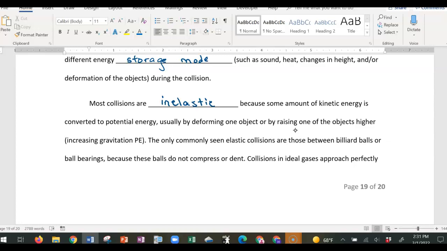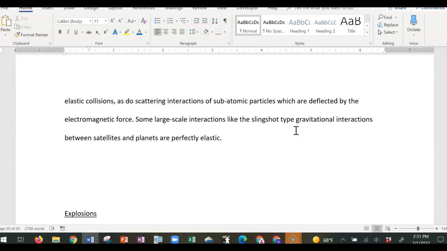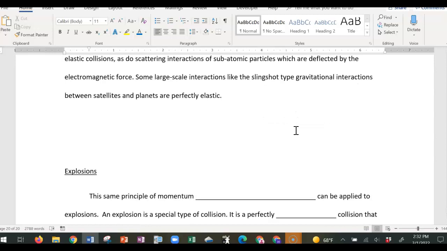Collisions in ideal gases approach perfectly elastic collisions, as do scattering interactions of subatomic particles, which are deflected by electromagnetic force. There are some large-scale interactions, such as the slingshot-type gravitational interactions between satellites and planets. Those are perfectly elastic.